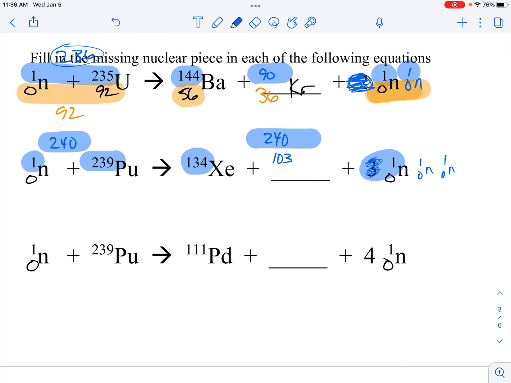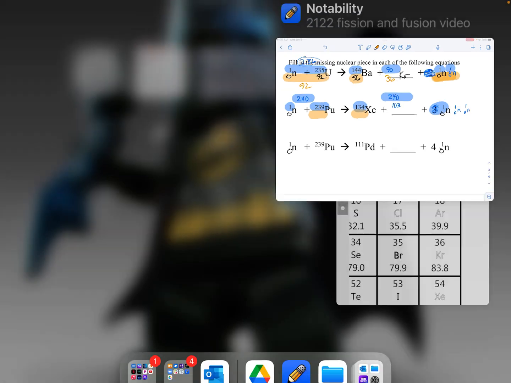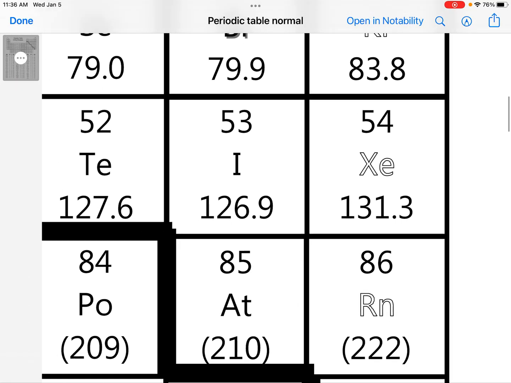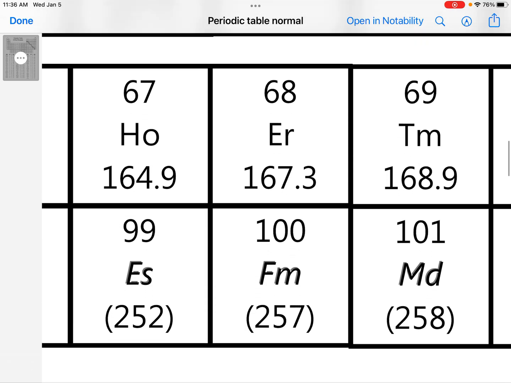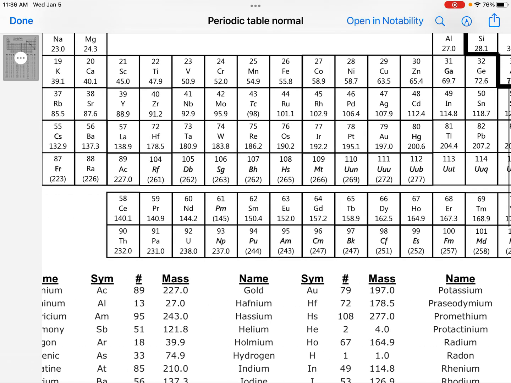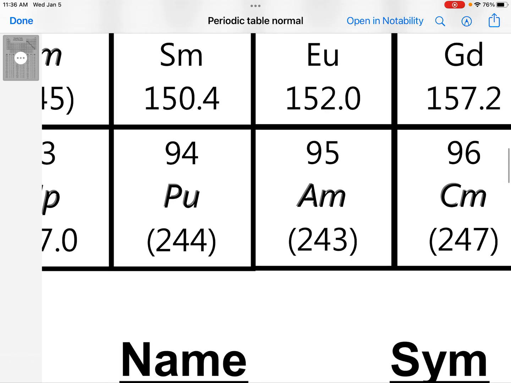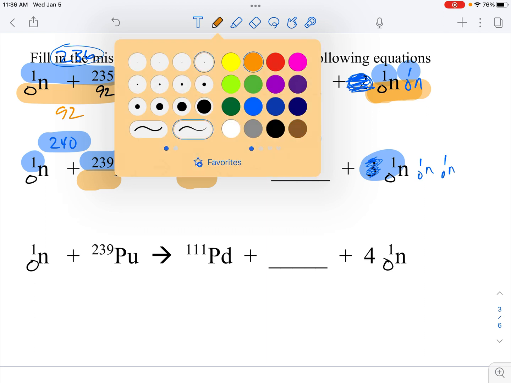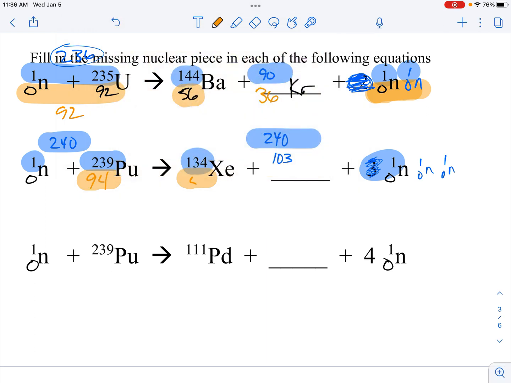Now, as far as the bottom numbers are concerned, going to have to look those guys up. Going to have to look up xenon and plutonium. So let's see, xenon is down here at a 54, and plutonium is down here at a 94. Yes, plutonium is a 94 there. So I've got 54 and some other number that I'm not sure of and a whole bunch of zeros.